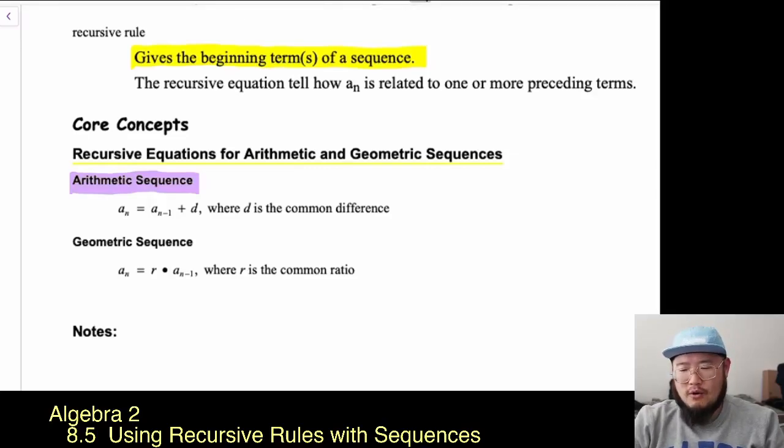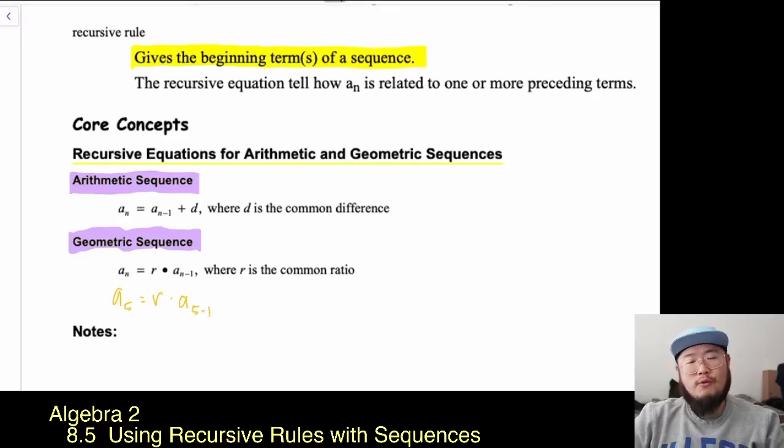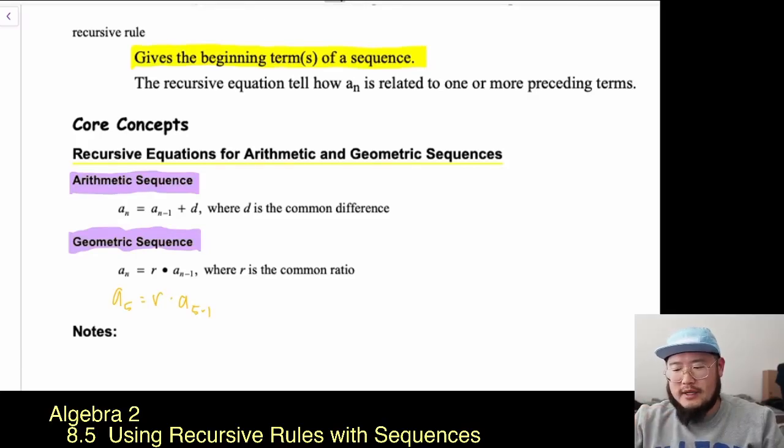Or if it's geometric, for a sub 5, you take r times a sub 5 minus 1, which is the fourth term, and multiply by the common ratio to get the next term in your geometric sequence.